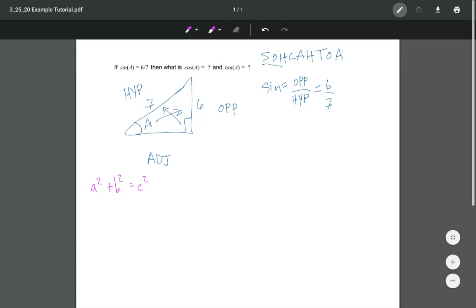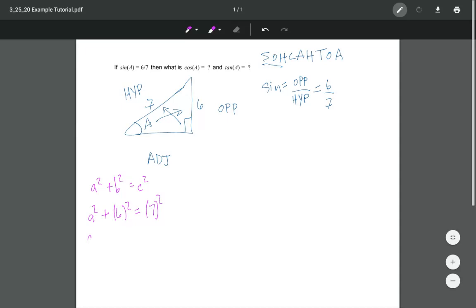So when I go ahead and do this, I will stick with A squared to represent the unknown adjacent side. And then my B value would be 6. So A squared plus 6 squared equals, and then my hypotenuse length of 7, 7 squared.